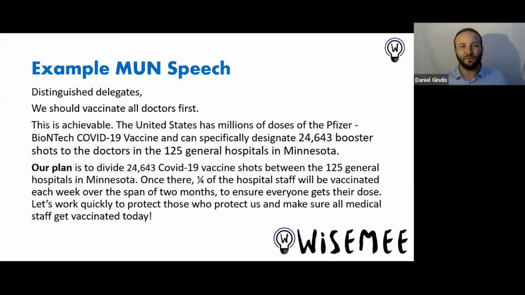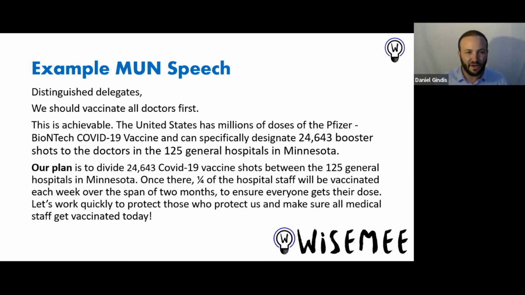Distinguished delegates, we should vaccinate all doctors first. Clash. This is achievable. The United States has millions of doses of the Pfizer-BioNTech COVID-19 vaccine, and we can specifically designate 24,643 shots to the doctors in the 125 general hospitals in Minnesota.